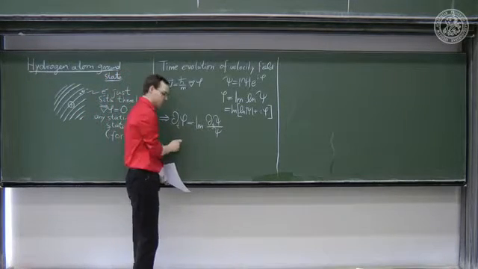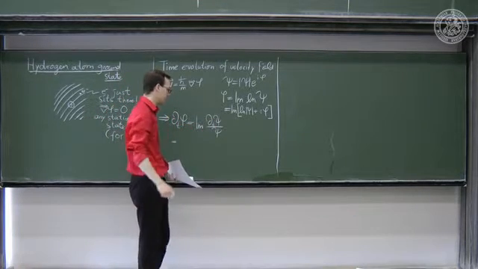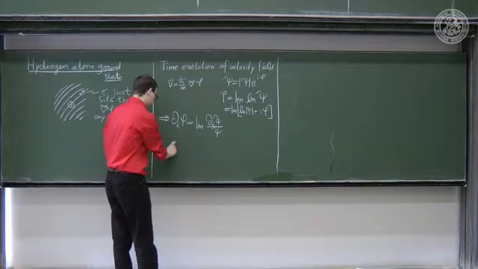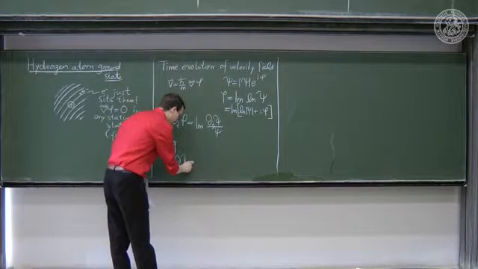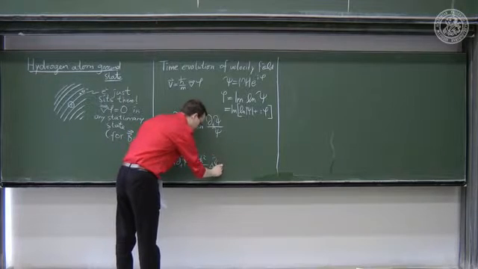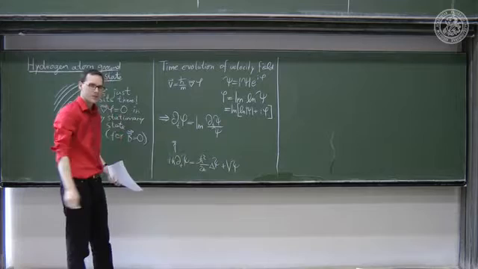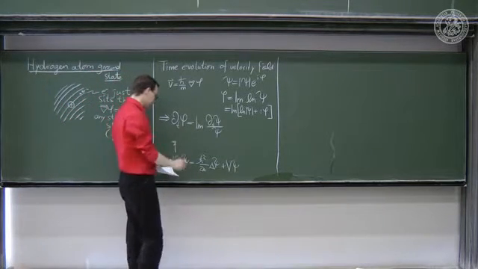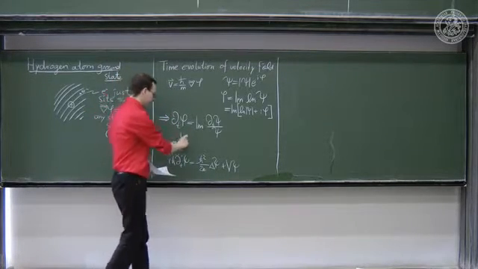And now at some point, of course, I have to use my Schrödinger equation. So here, the time derivative of psi, I will insert according to the Schrödinger equation. So I will use i h bar dt psi equals minus h bar squared over 2m Laplace psi plus V times psi. V is the external potential. I'm just looking at a simple particle with mass m. And so here, then, I would have the imaginary part of what?